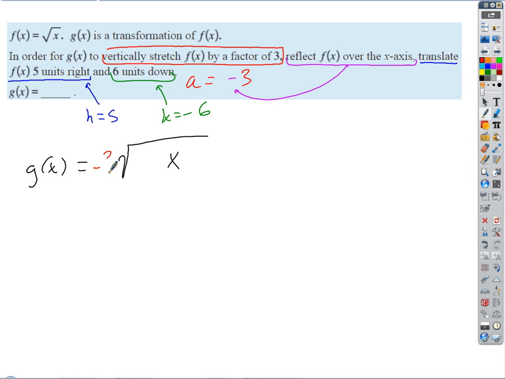Out in front. And then maybe I can move that x over a little bit. And then what about the h? That goes x minus h, so x minus 5. And then the negative 6 goes out there. Does that make sense? Okay, that's it. All right, so next.